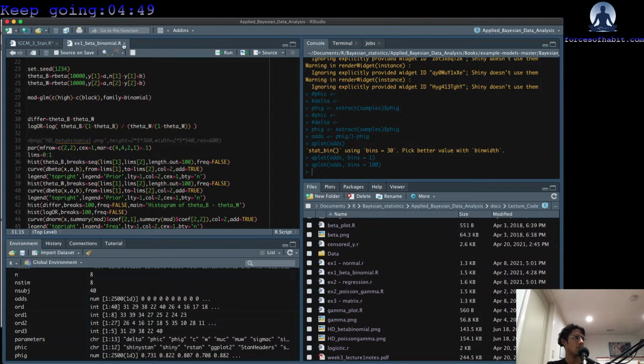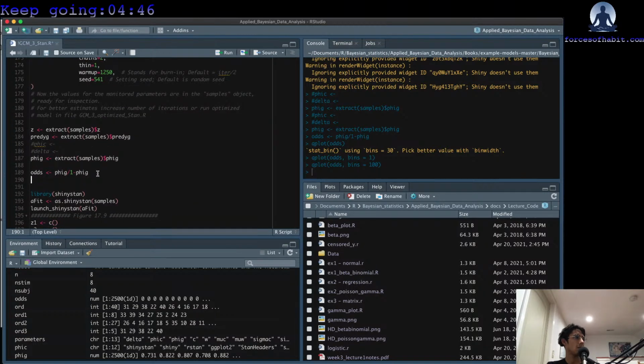The log odds ratio. It's Fiji. Odds Fiji. But what parameter represents being a part of the other group? That's what I need.